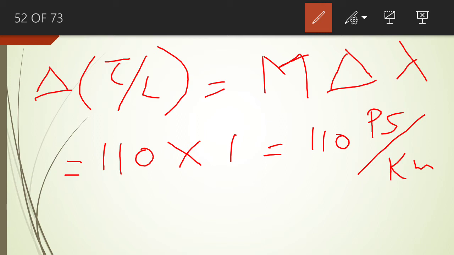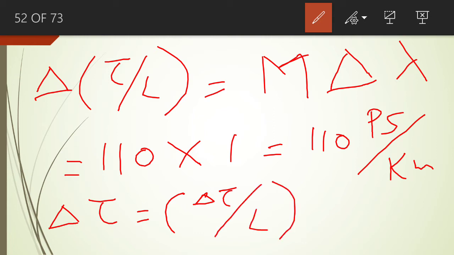We want to calculate the total pulse spread, and the total pulse spread, which is represented by delta tau, will be equal to the pulse spread per unit length multiplied by the length of the information channel.